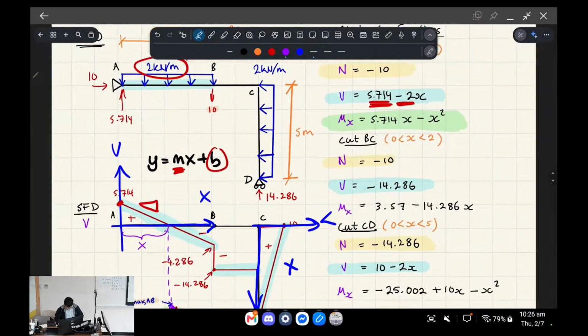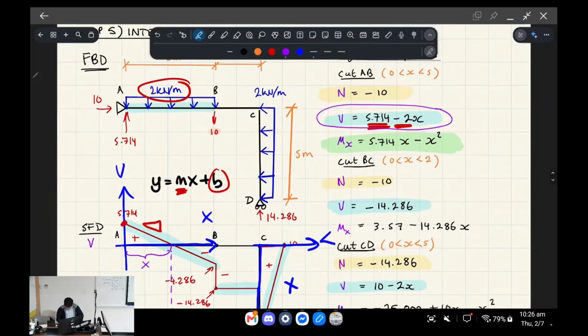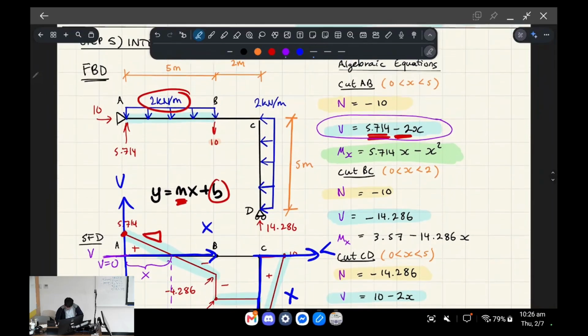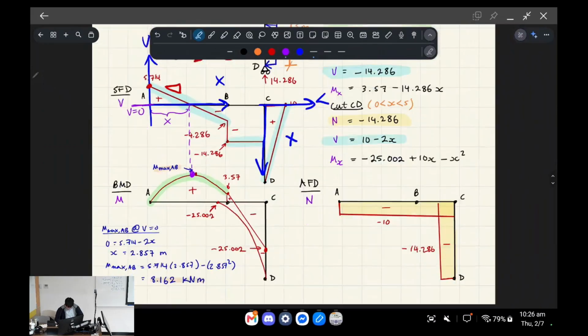Okay, so what I can do is I can look at this equation here for v, and I want v to be equal to 0, right? So where the line touches the x-axis. So if I set 0 equal to 5.714 minus 2x, and I solve for x, I've actually done it down here.